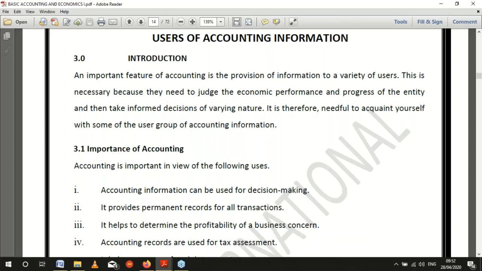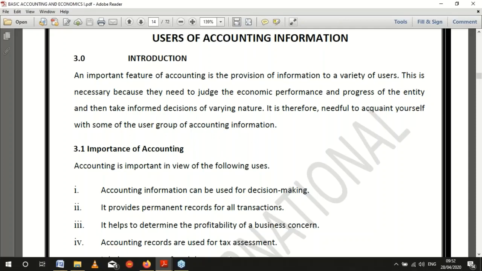It is the government that bases your tax assessment on them, so you need to understand that. It also helps the customers decide whether to put their money into the business or not.